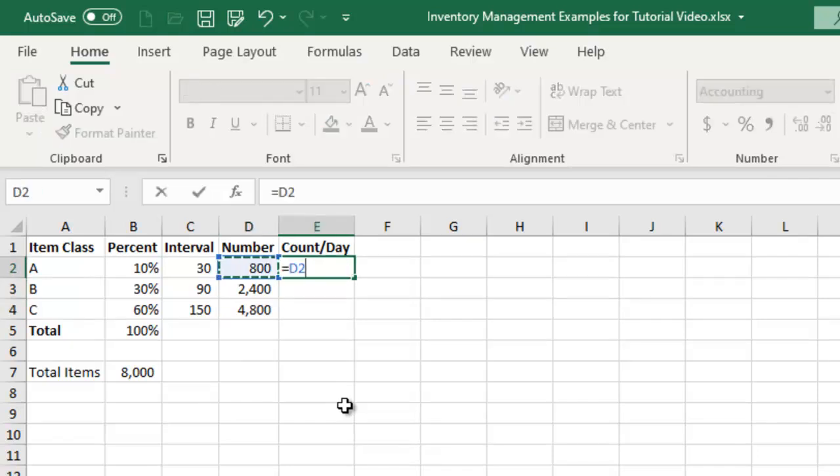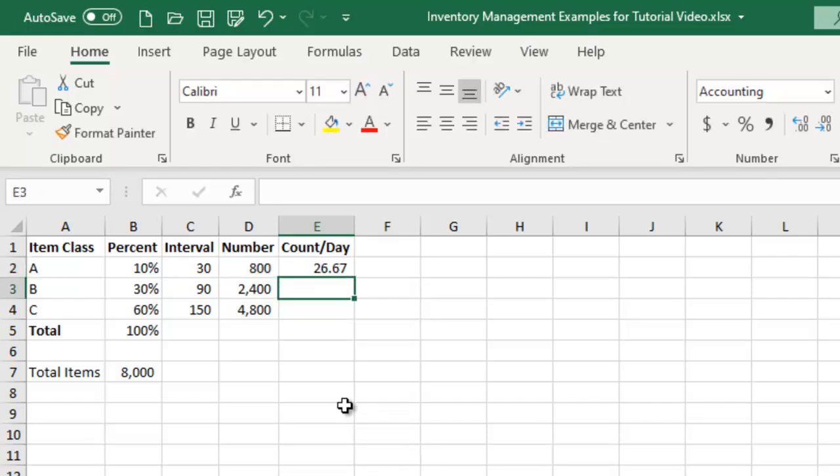We take the number of items and divide it by the count interval. And now we're not getting such nice round numbers, but that's okay. We're going to copy that formula down, and there we have it, how many items in each class we are supposed to count each day.